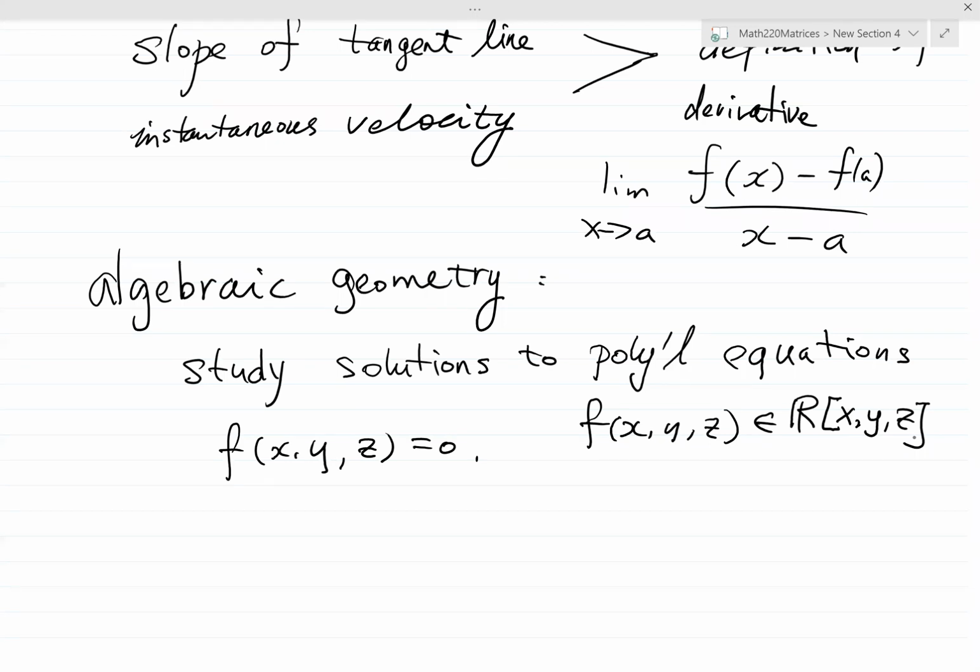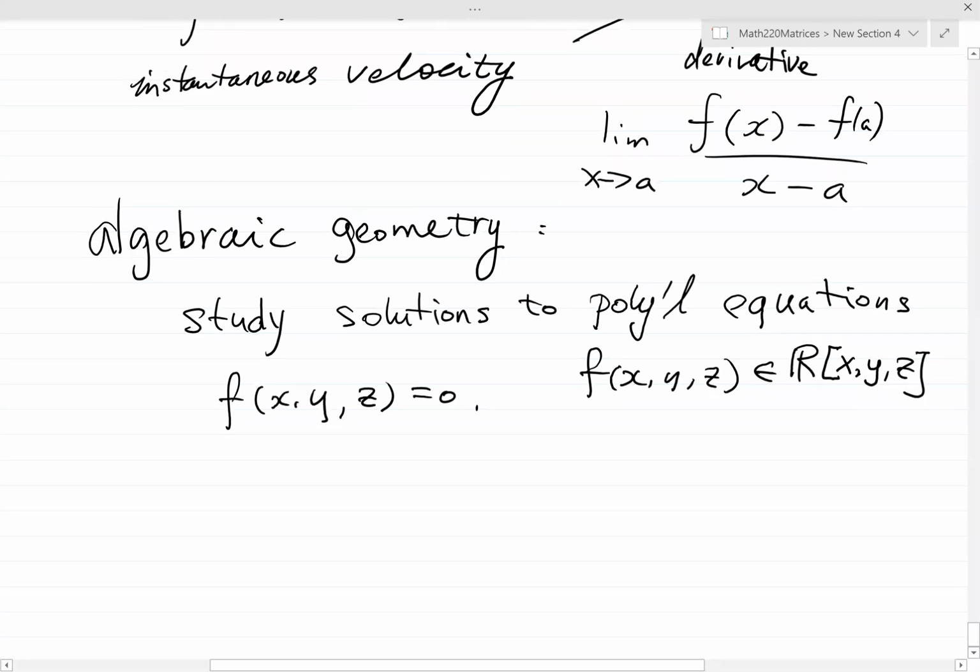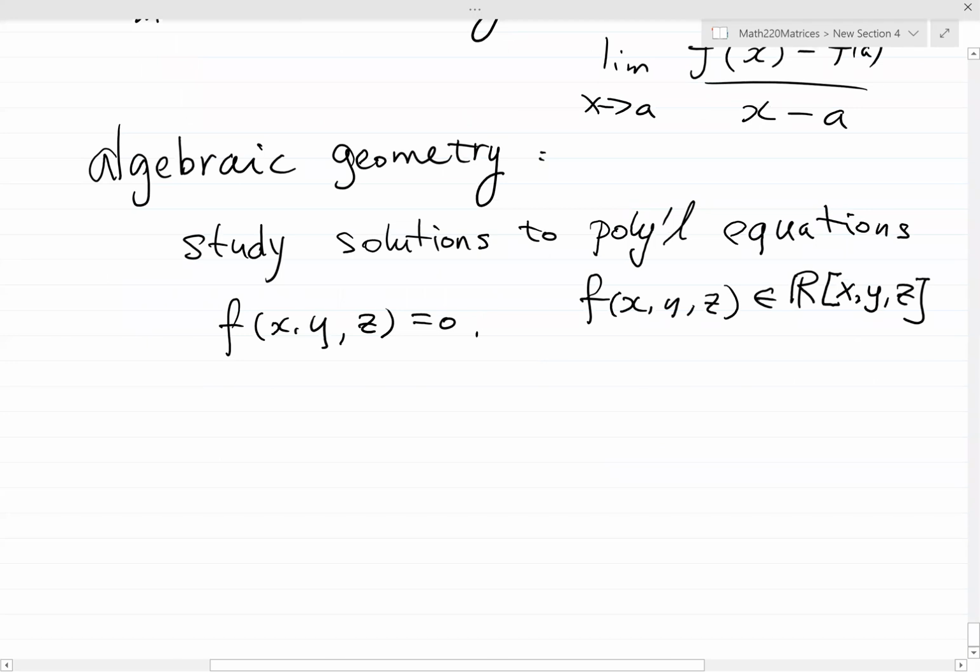Of course, we can change the coefficients to real numbers. When we study real solutions, we may also study integer solutions, which is called arithmetic property, or rational numbers, rational points.